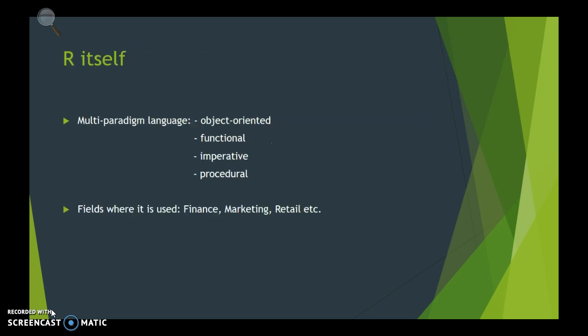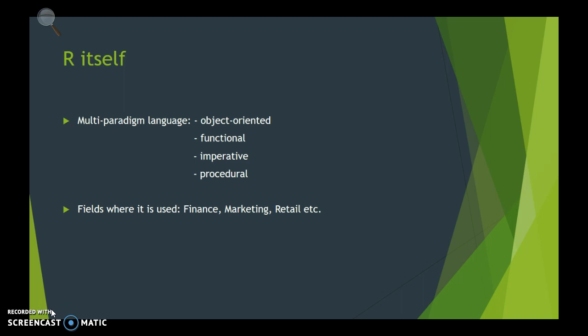Anyway, what kind of language is it though? First of all, R, no doubt, is a multi-paradigm language. It supports classes, so it can be called object-oriented. Also, it has predefined functions that do a lot of amazing stuff, so we can call it functional.